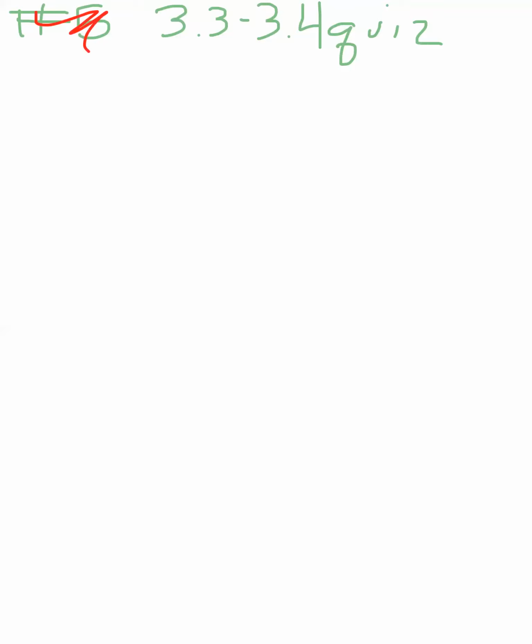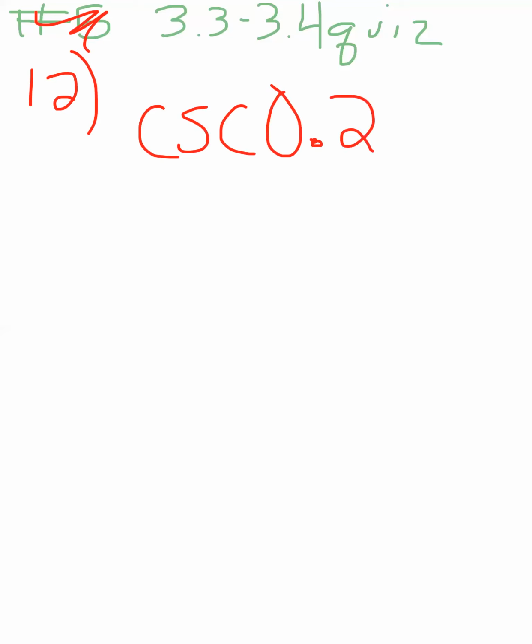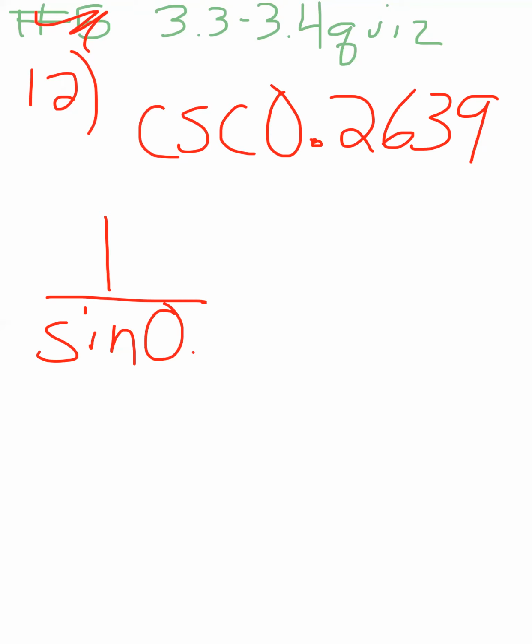So now we're going to do number 12. You're supposed to use a calculator to find cosecant of 0.2639. Just remember that cosecant is 1 over sine. That's really the secret to this whole thing, besides making sure that your calculator is in radians. So first, make sure that your calculator is in radians.